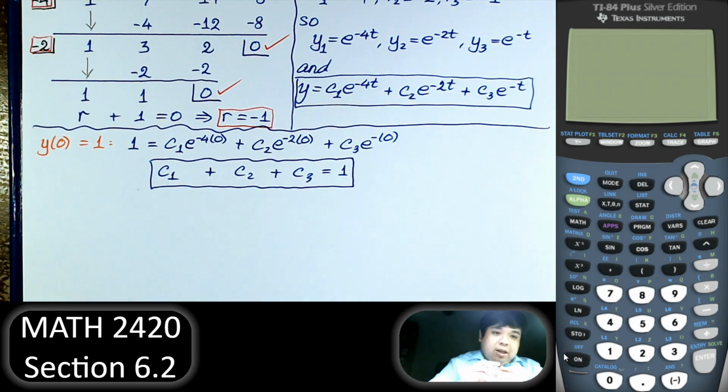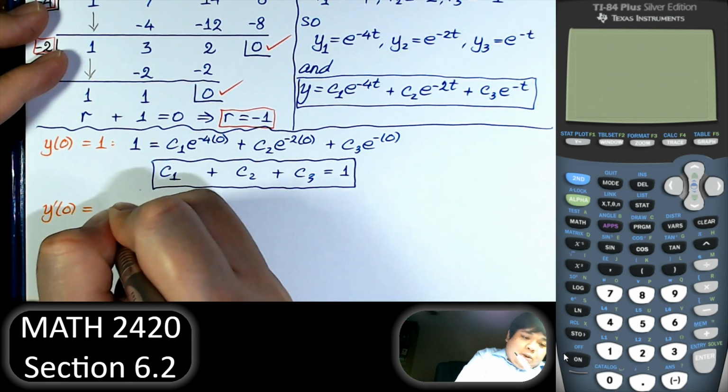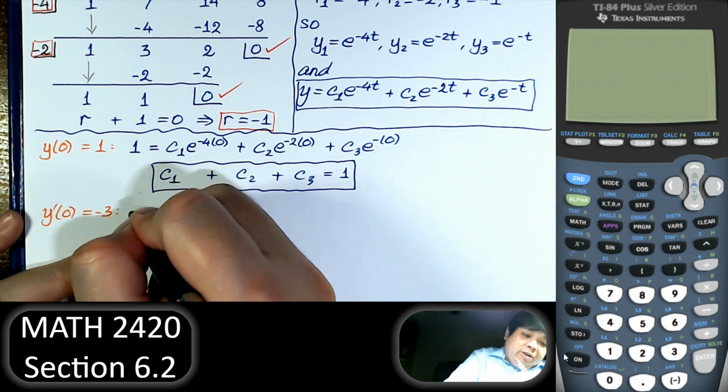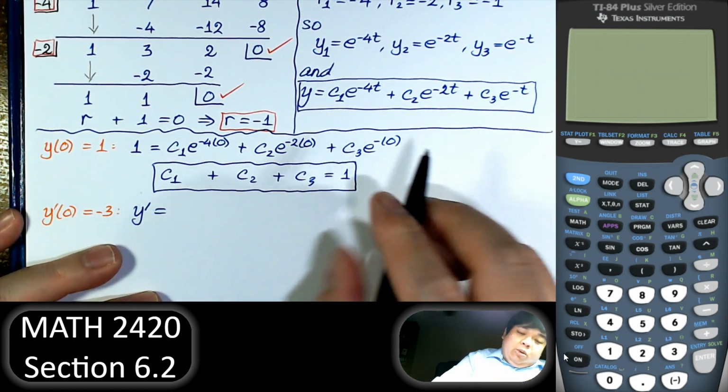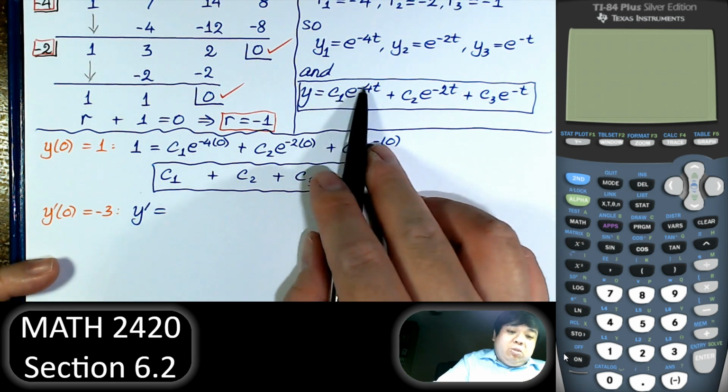Next, the derivative is equal to negative 3. So we need to take the derivative first. Derivative of e to negative 4t, it is just going to bring down the negative 4.